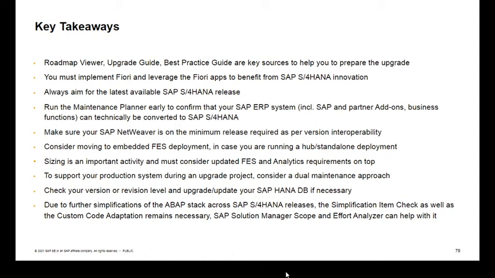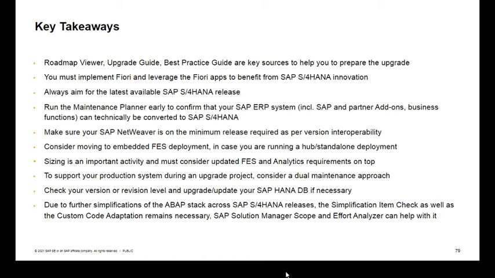You should run the maintenance planner early so that you know what the impact is on add-ons and business functions, and take required actions. Make sure your NetWeaver in integration scenarios is on the required release. As I mentioned, it must be 7.5. You should also consider moving to an embedded Fiori front-end server deployment, as that will facilitate your rapid content activation.